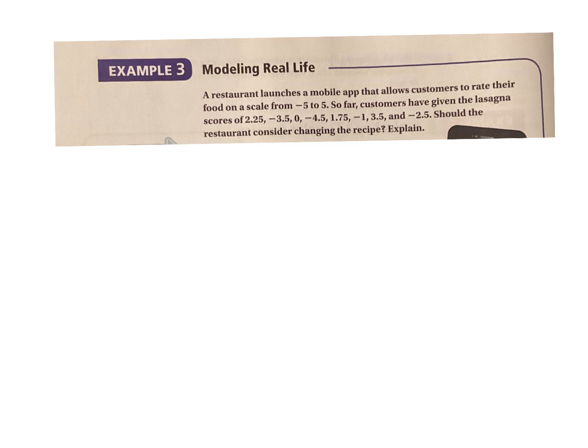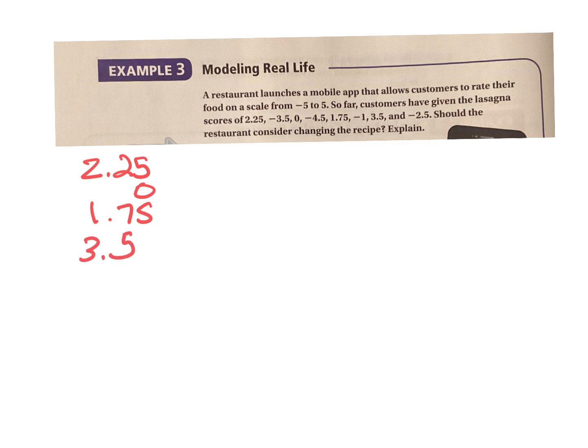So I'm going to put all the positives together. 2.25, and then I'm going to put 0 over here. 0 is neither positive nor negative, but I'll put it in this area. 1.75 and 3.5.